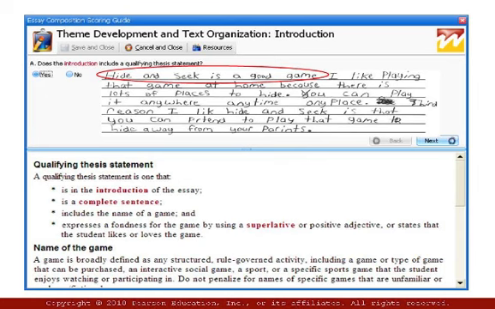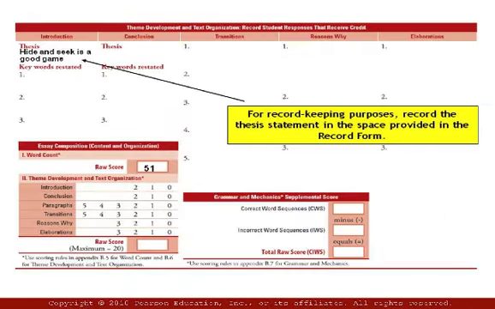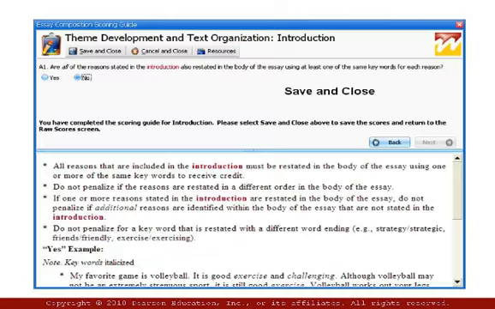And then you'll move on to the second question, and it should ask you about restatement. Well, first of all, before I get to that, you want to make sure that you're noting the actual responses that are going to be used to assign scores, and this is the part of the record form. But the next question that's going to be asked when you look at the introduction is about restatement. Are all of the reasons in the introduction also restated in the body of the essay using at least one of the same keywords for each reason?